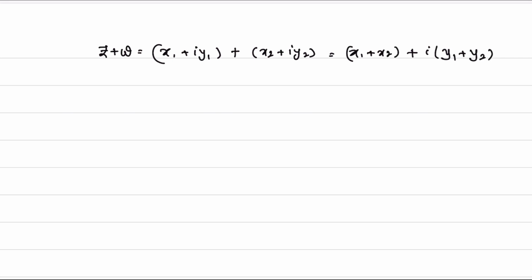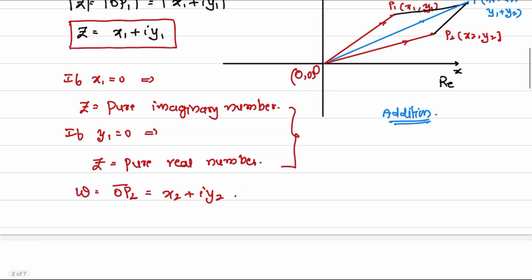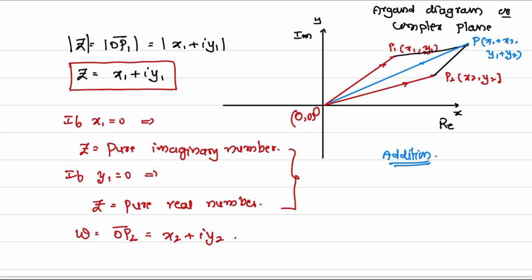I can be called iota also; instead of calling it iota, I am calling it i. That is z plus w, and it is represented by this parallelogram of vector addition.